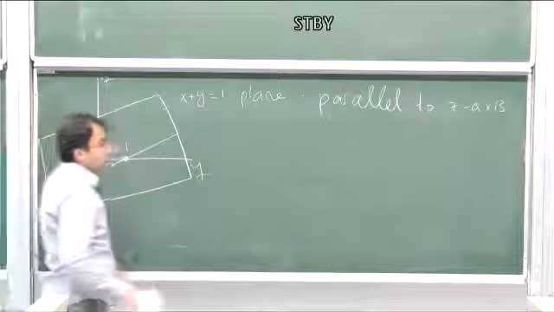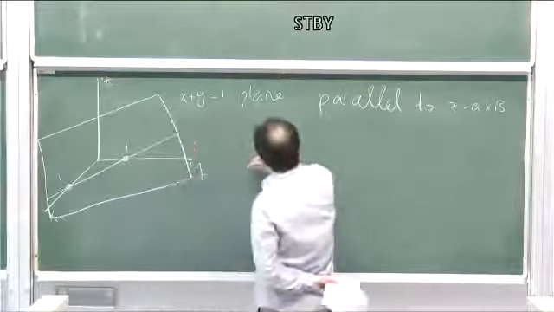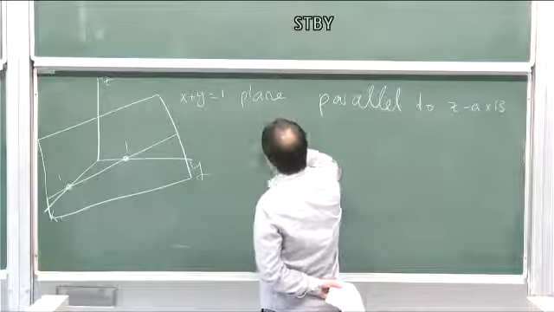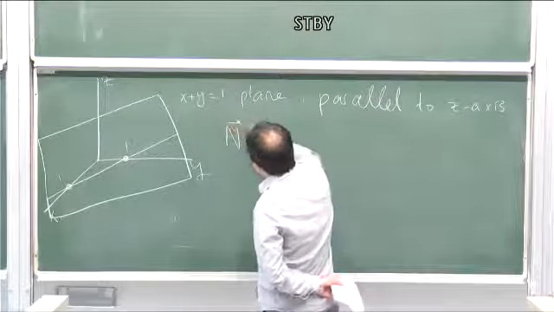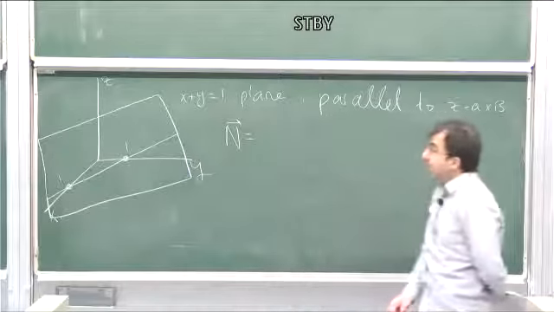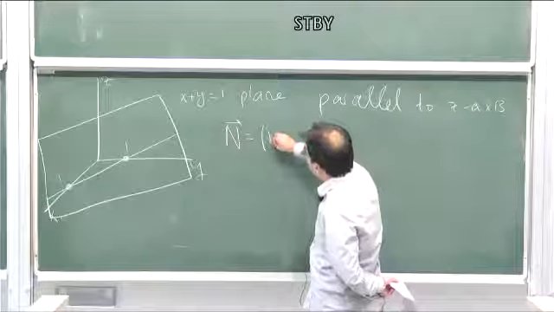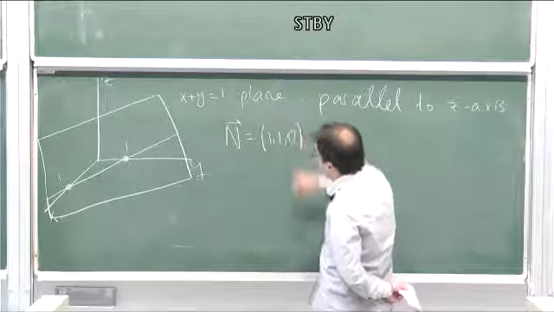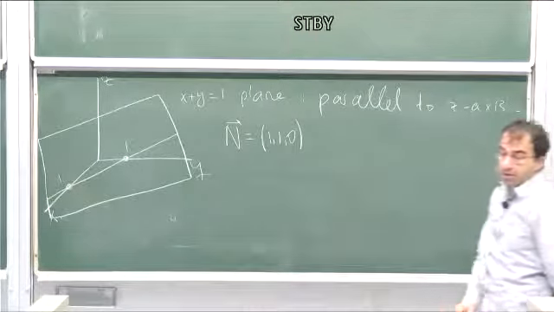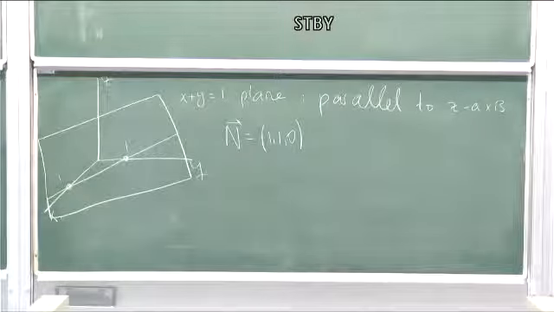Why? Because let's check this one. So let's first write the normal vector for this plane, x plus y equals 1. What is the normal vector? The components are the numbers in front of x, y, and z, you know.